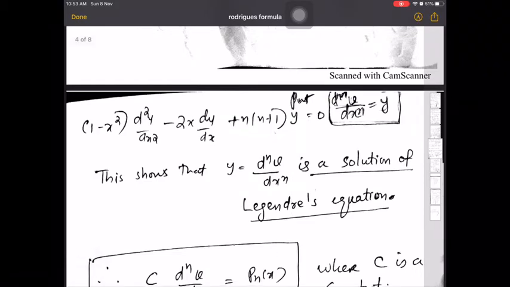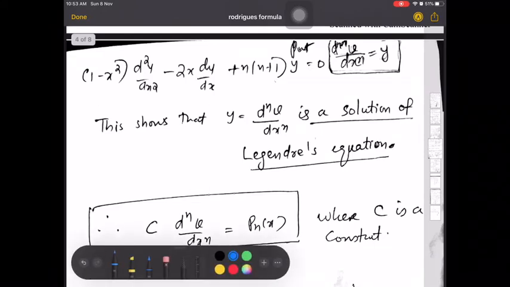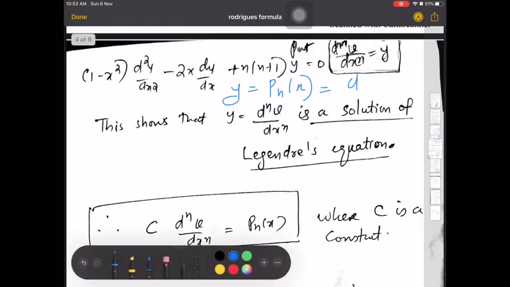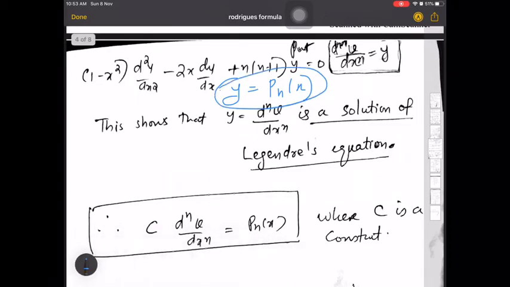Okay, so this y is equal to Pn of x. Okay, because this is the Legendre equation.